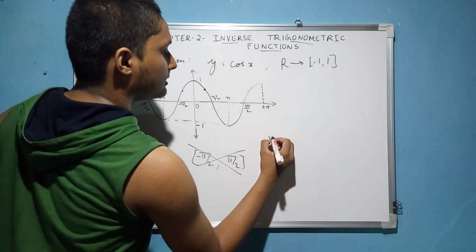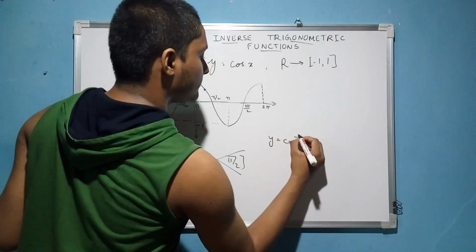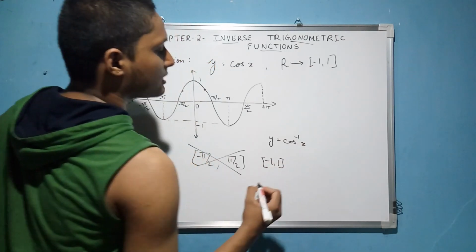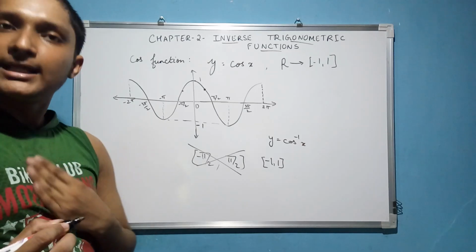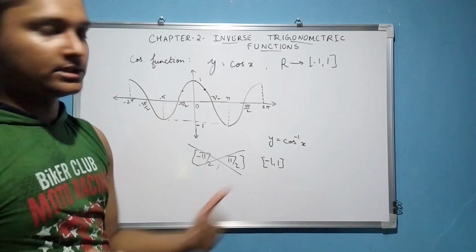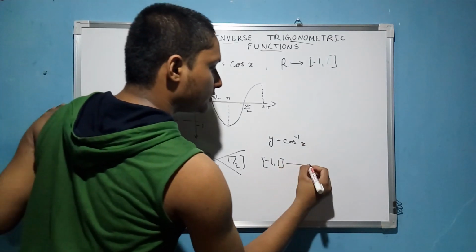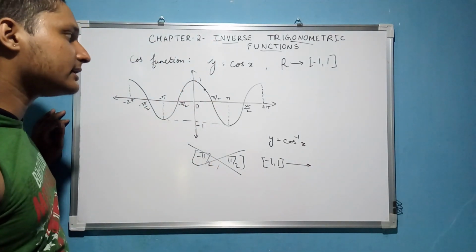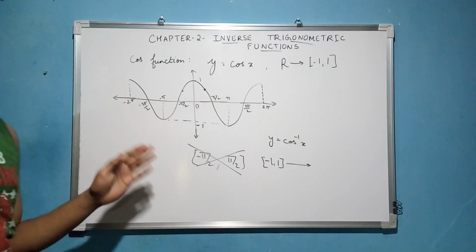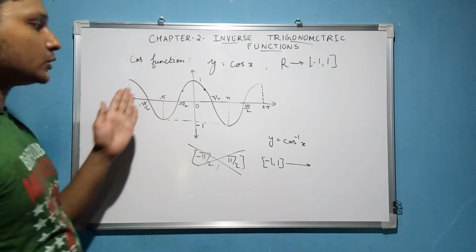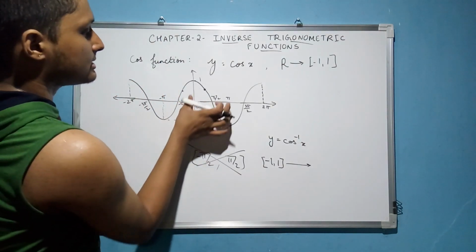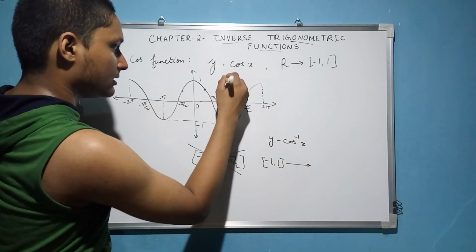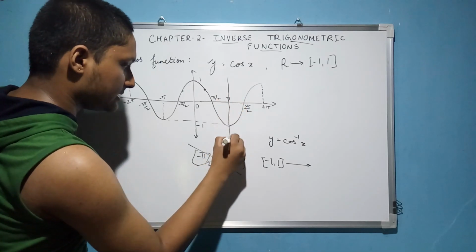Now we need to find y equal to cos inverse x. We know that its domain is minus 1 to 1 because the cos function can take only the values from the set minus 1 to 1. So it should be going to which set now? For that we need to take the values that are very near to 0. Here we take the part from the y-axis to pi.